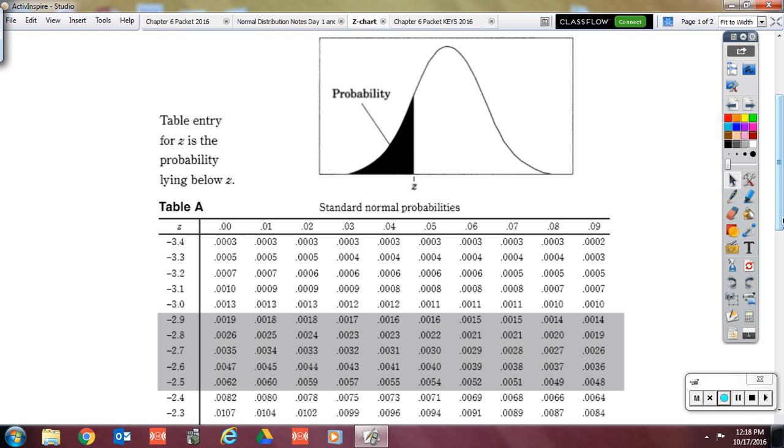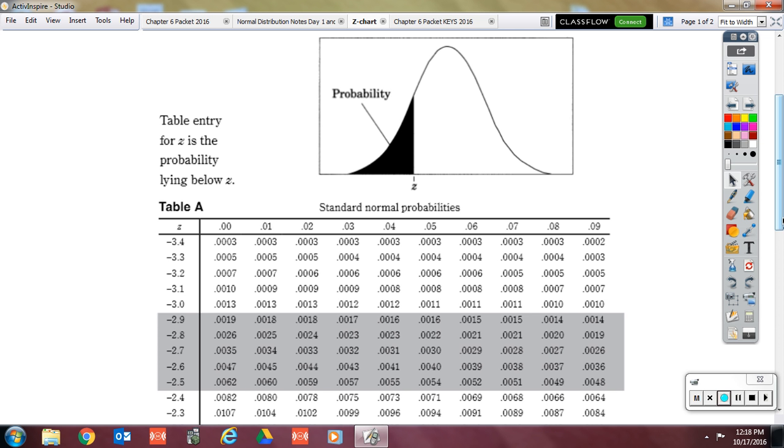When you open up your resource packet, the first two pages are a formula chart, which we haven't gotten to yet. The next page, front and back, is this z-chart. This z-chart will tell us the area below a particular z-score.